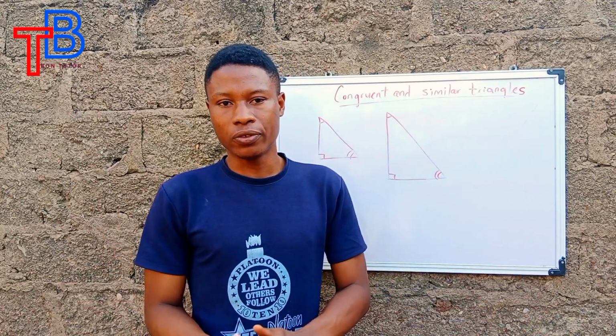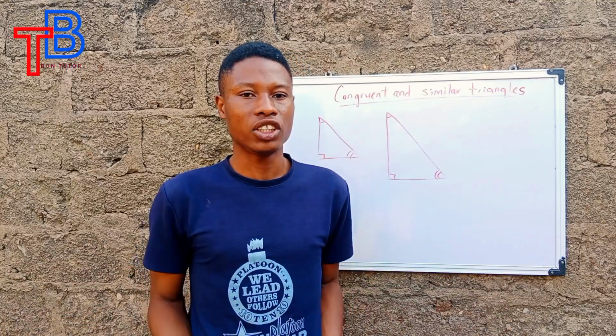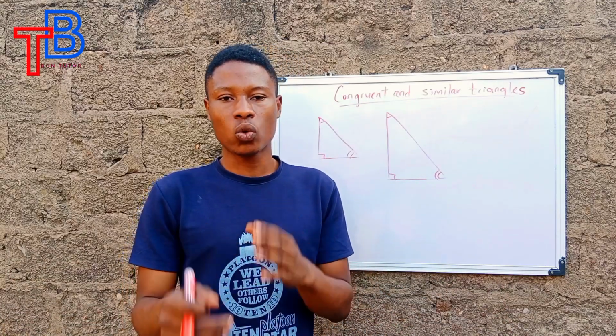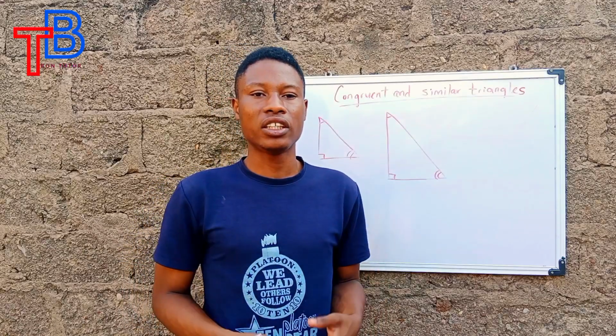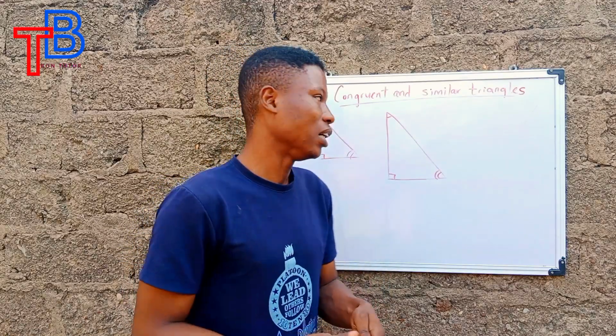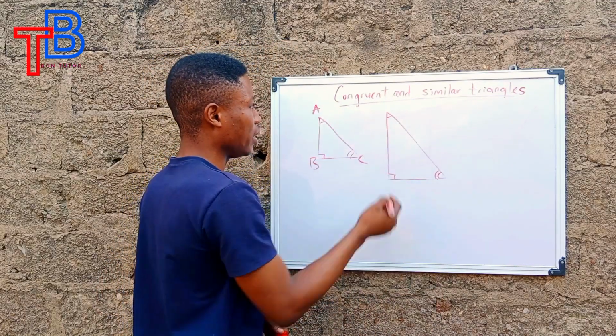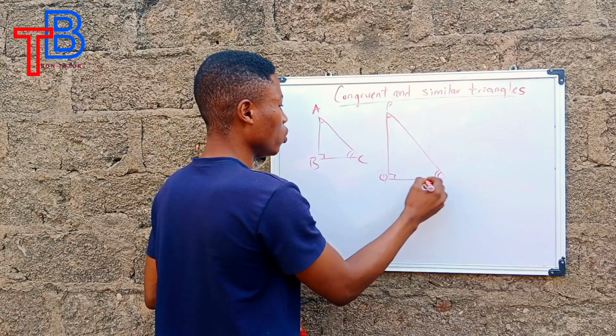The sides can be different, they can be longer or shorter than each other, but as long as the angles you have there are equal to each other, then you can say the two triangles are similar. That is, let's say this is triangle ABC and this is triangle PQR.